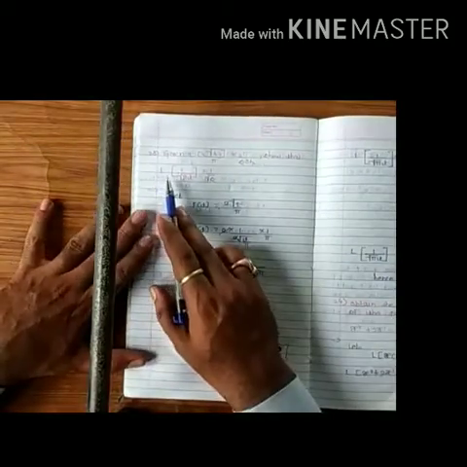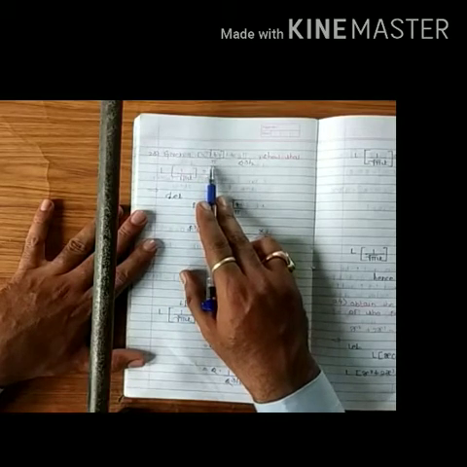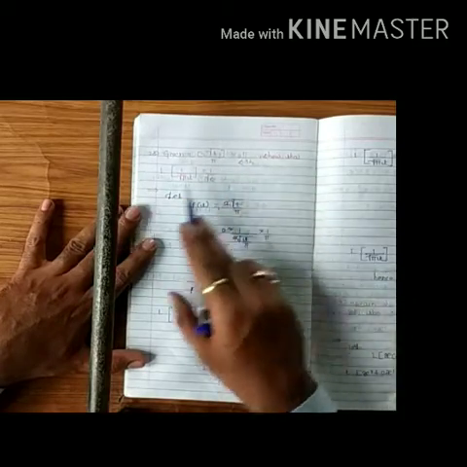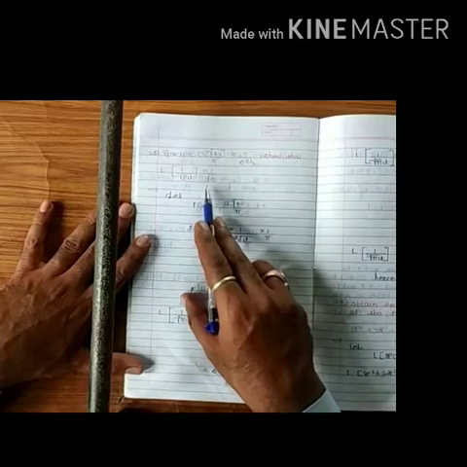So we take another example, Laplace transformation of 2 under root t upon pi equal to this. If it is given, then Laplace transformation of 1 upon root pi t is equal to 1 upon root s.